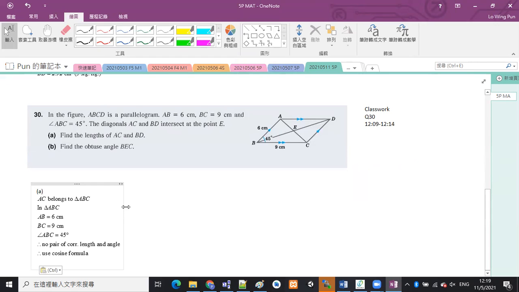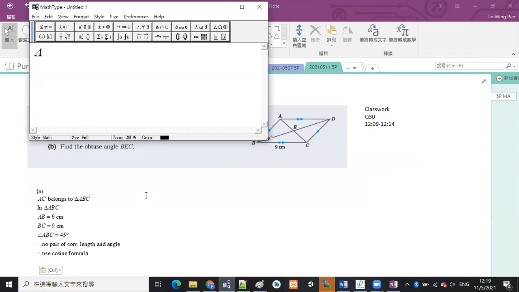So we are going to use cosine formula in triangle ABC to find the length AC. Cosine formula is like this. AC squared is equal to 6 squared plus 9 squared minus 2 times 6 times 9 cosine 45 degrees. And then you just use the calculator here.